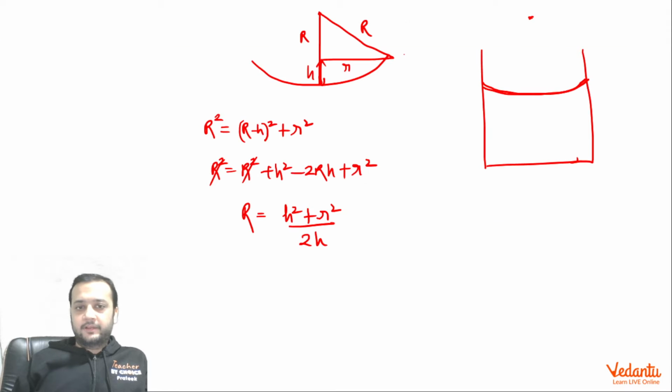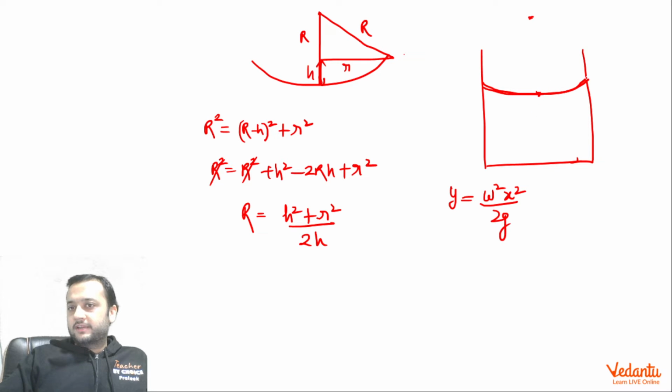Let's talk about apparent depth. Before talking about apparent depth, let's do a slight manipulation. Now, IIT has asked us to assume this as spherical, but in reality, we know that this is a paraboloid, and the cross section of this is a parabola, whose equation is nothing but y is equal to omega square x square by 2g, right? So if this is the origin, this equation is written with respect to this origin.